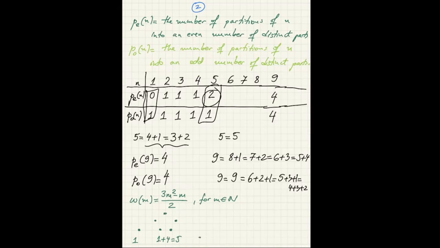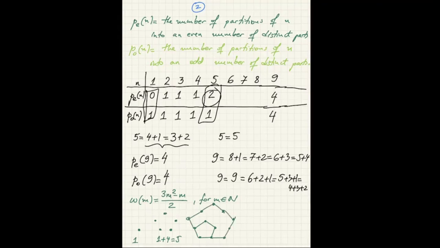So let me draw it here. You have a small pentagon and you put another pentagon around it. So we have this pentagon, and then we add this other pentagon around it.